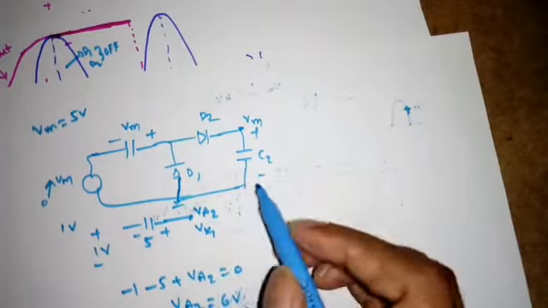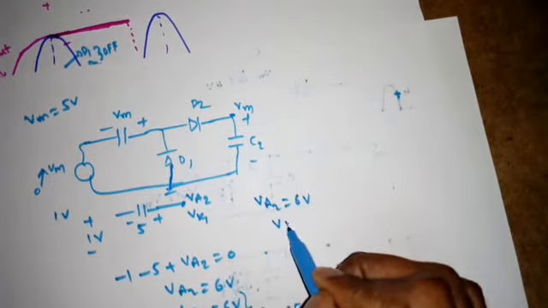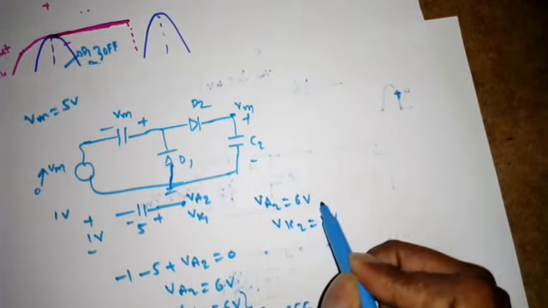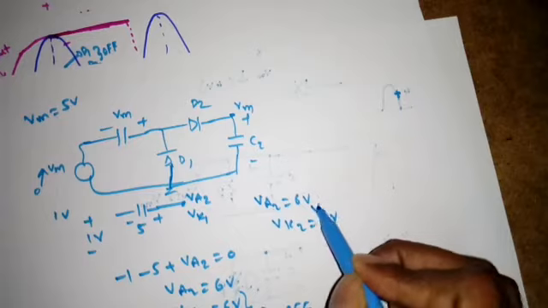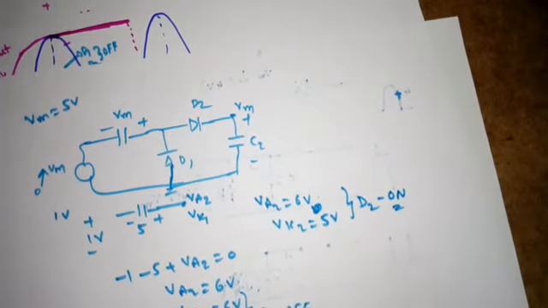But what happens to the diode D2? VA2 is 6 volts we got, and VK2 is charged to Vm, which is 5 volts. Now which one is greater? VA2 is the greater. So that means the diode D2 is on. I think it is clear.